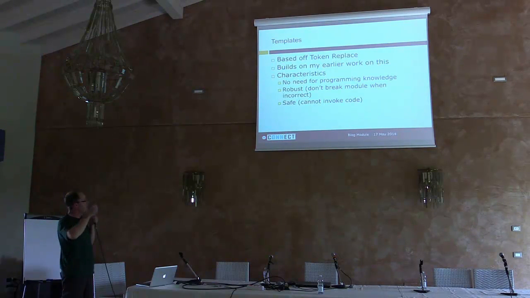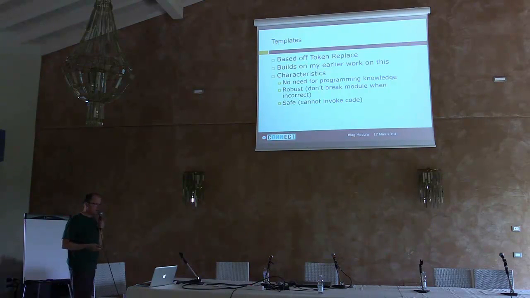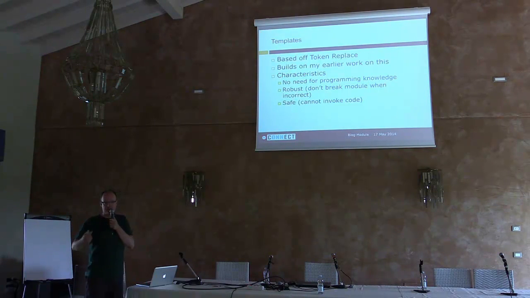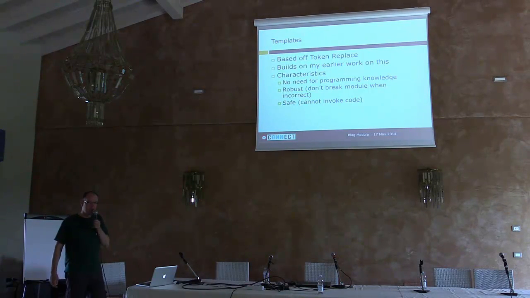The characteristics are that you don't need programming knowledge. You just need to have a list of what the tokens are. It's robust because if you screw up your template, it will either not show some HTML, but it won't actually break your site. There's no active code, which ties into the last point.